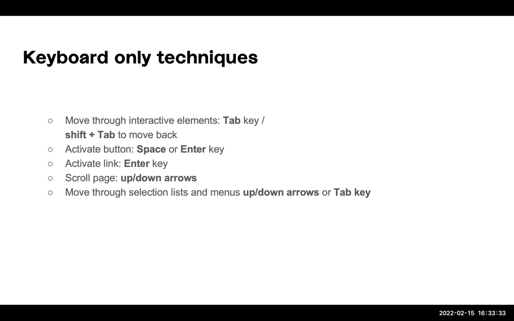When we talk about the keyboard, the typical navigation of the interactive elements on the page is: you can move through the interactive elements using the tab key, move backwards using shift tab, activate a button using the space or enter key, activate a link using the enter key, scroll the page using the up and down arrows, and move through selection lists and menus using the up and down arrows or tab key.